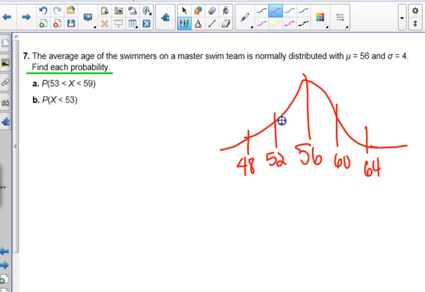If we were doing this according to the empirical rule, it wouldn't work, right? It's not exact, we'd have to do a z-score thing. Did I do something wrong? I'm supposed to be going down by 4s, right? Yeah, because the standard deviation is 4.